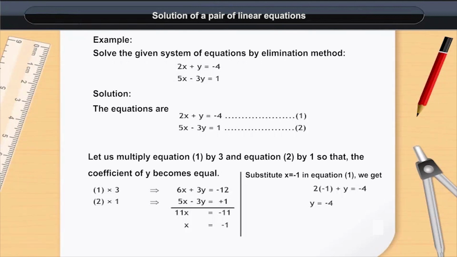We get 2 of minus 1 plus y is equal to minus 4. y is equal to minus 4 plus 2 is equal to minus 2. y is equal to minus 2. Hence, the solution is x is equal to minus 1, y is equal to minus 2.